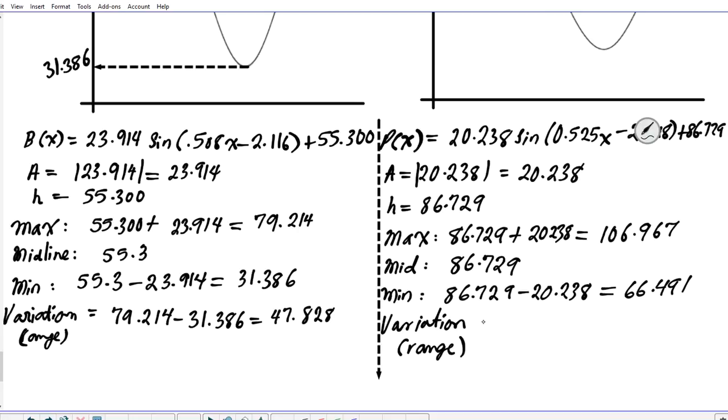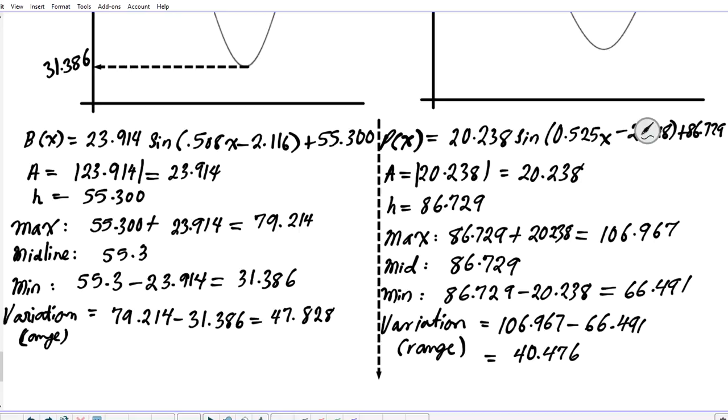For the Phoenix function, the variation is the difference between the maximum and the minimum. If you subtract the two, you get 40.476. All right, now we have all the information that we need.